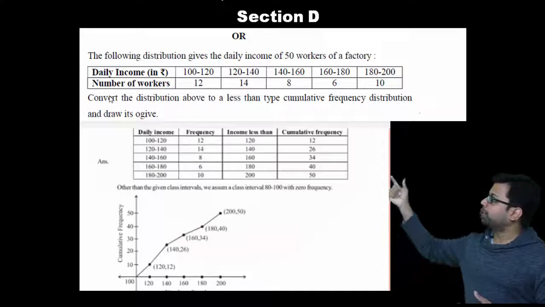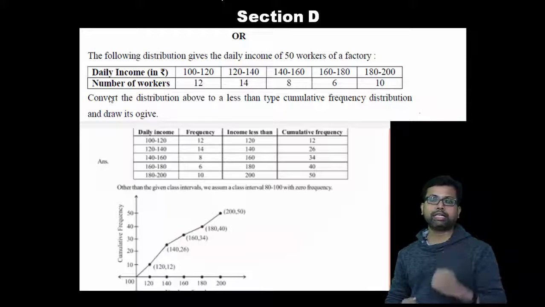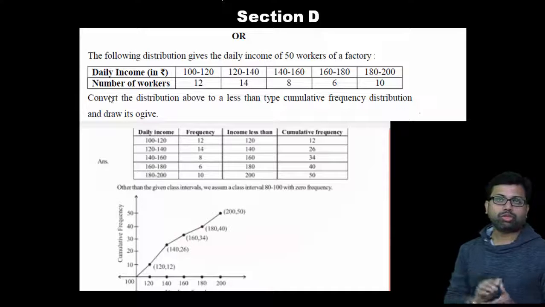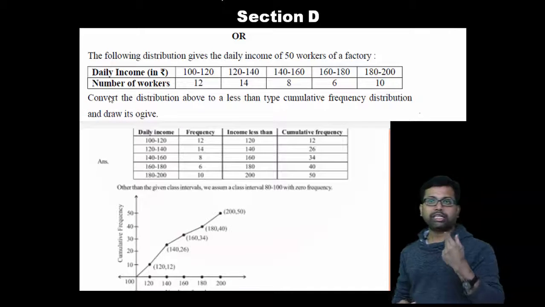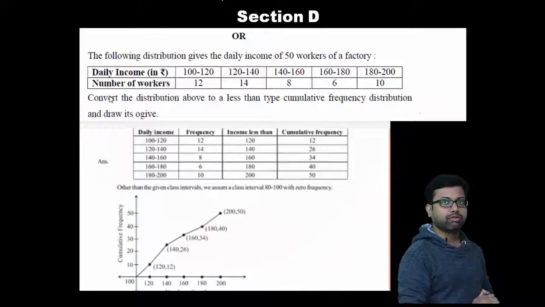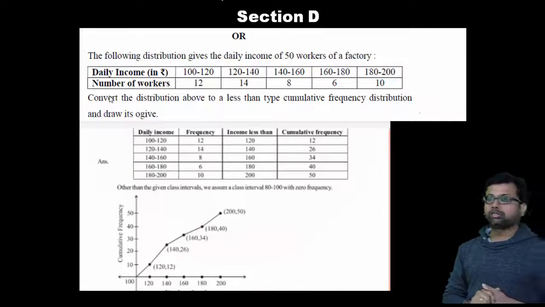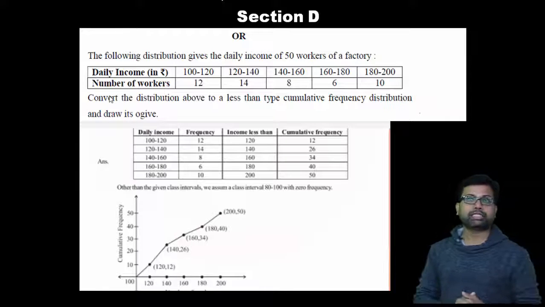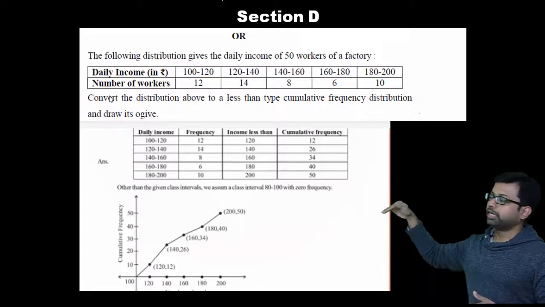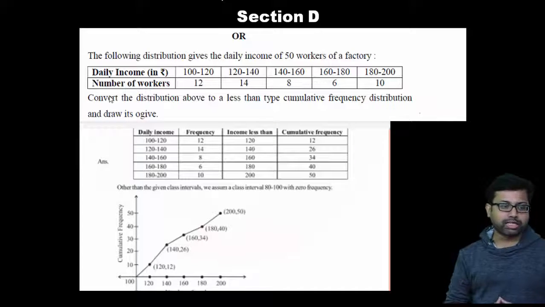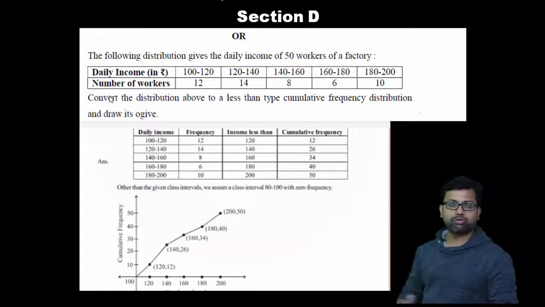And for each of the rows, you have to write the income less than the upper limit of the given class interval. So the first class interval is 100 to 120. So the first value in the column for income less than will be less than 120. Similarly, in the second row, the value will be less than 140. In the third, it will be less than 160, so on and so forth.